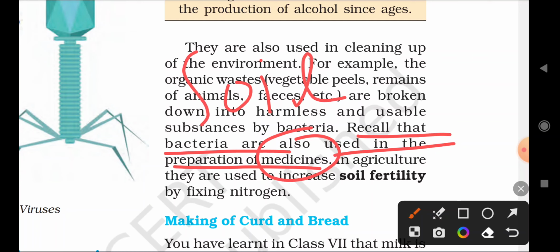That soil fertility is also increased by bacteria, which also help in the production of medicines. These are the uses of microorganisms. In our later videos we'll discuss how bread, curd, and cake are prepared from microorganisms, and where other uses of microorganisms are involved. We'll discuss in later videos in a detailed manner.